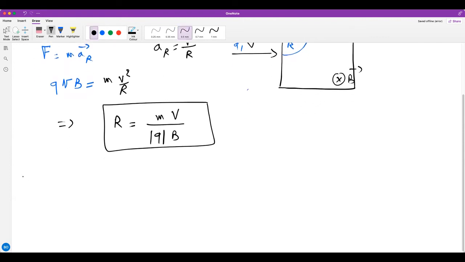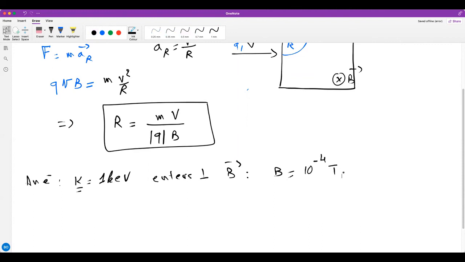For example, if we have an electron of kinetic energy 1 keV, and this electron enters perpendicular to a magnetic field region, and this magnetic field has a strength of 10 to the minus 4 tesla, for example.